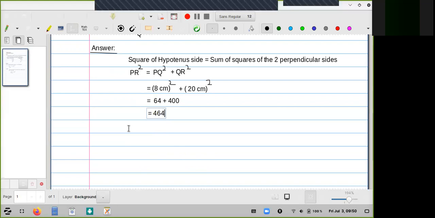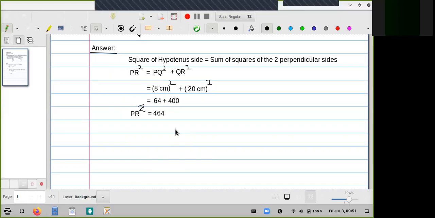So which means in this case now, I'm just rewriting the side squared or our hypotenuse squared, which is equals to 464. Now, in order for me to solve this problem, it means I must find the length of PR.